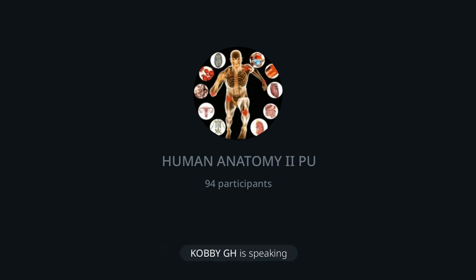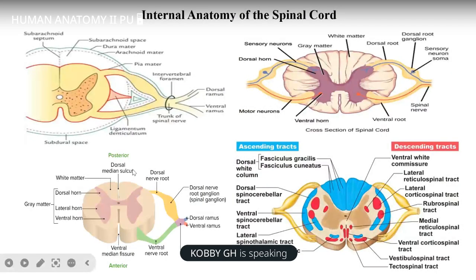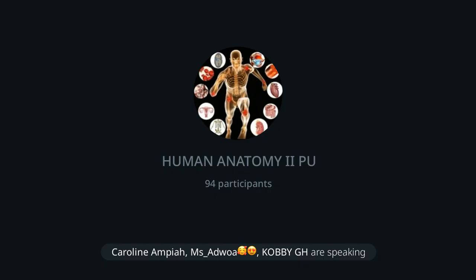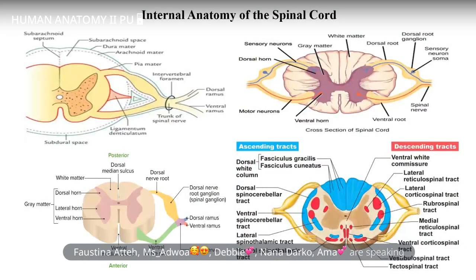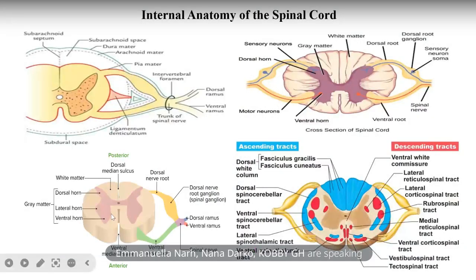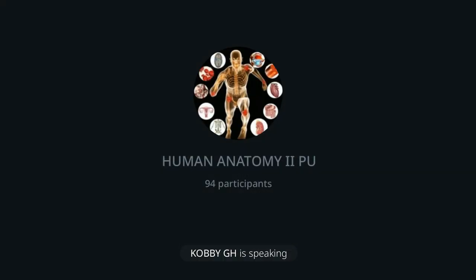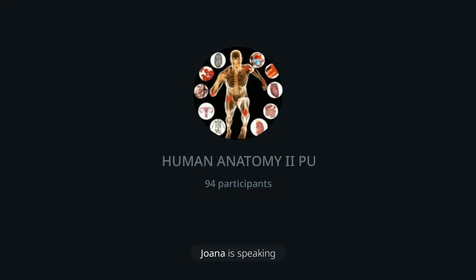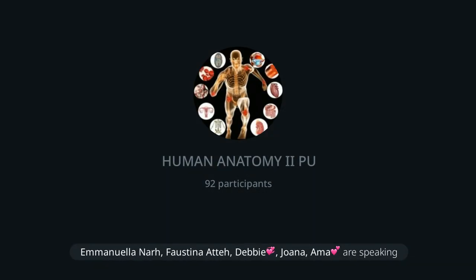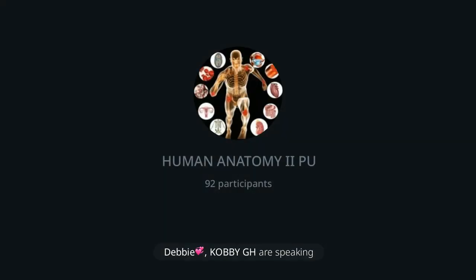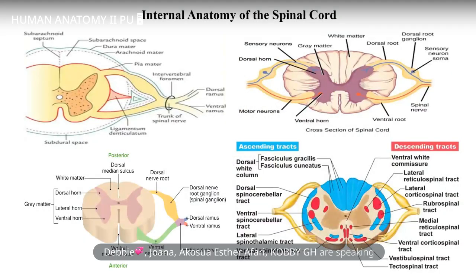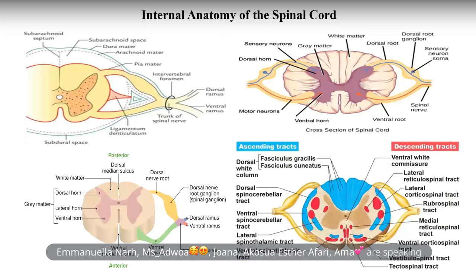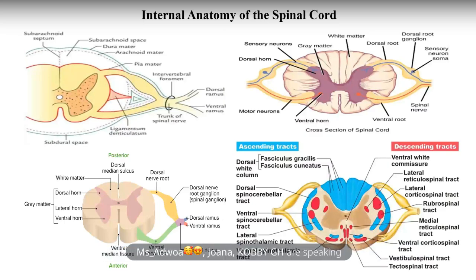Then here we call the ventral horn. Say ventral horn. Ventral means in front. You can also call it the anterior horn.